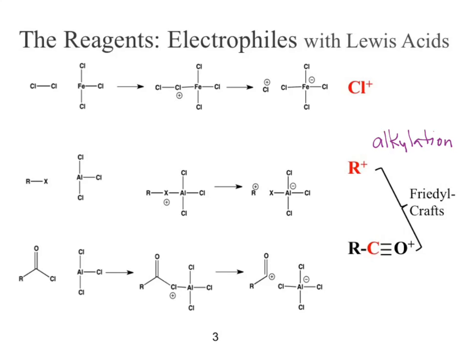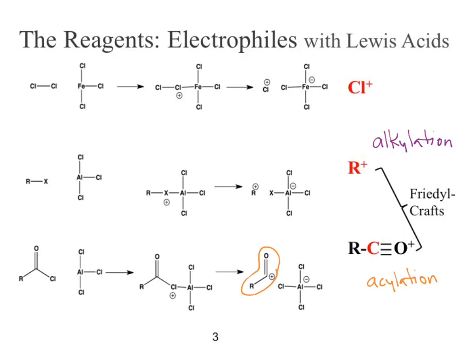Are we adding just carbons? We've got that carbonyl also getting put onto our structure. It's not an alkylation, it's now known as an acylation. Okay? That functional group right here is commonly referred to as an acyl group, okay, if it's put on a larger structure.